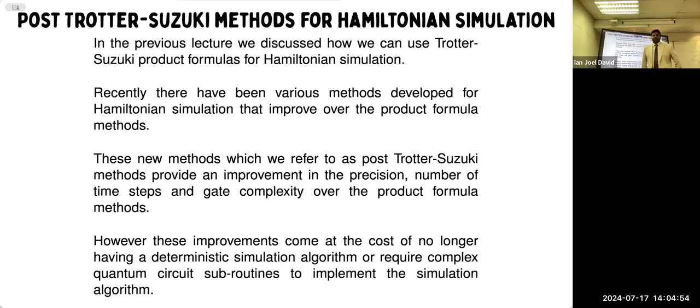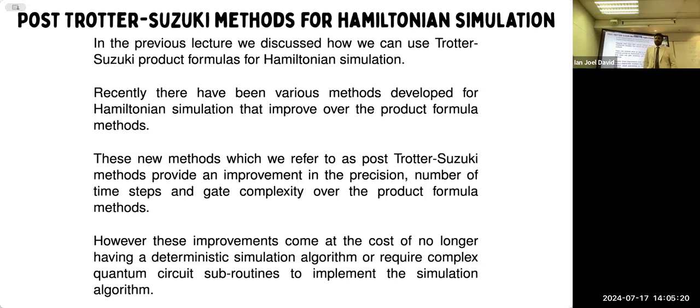So if you remember in the previous lecture, when we spoke about product formulas, we see that only in the order of the Suzuki-Trotter product formula tending to infinity do we get a somewhat linear dependence on time in the scaling. However, for any practical implementation of product formula, you're never going to get a linear dependence on time.